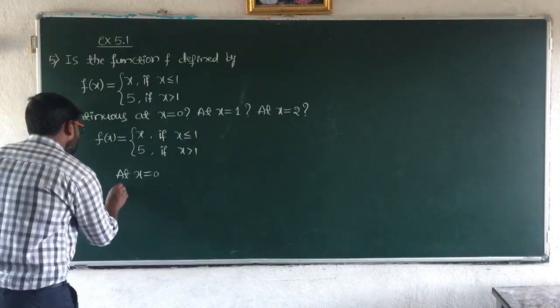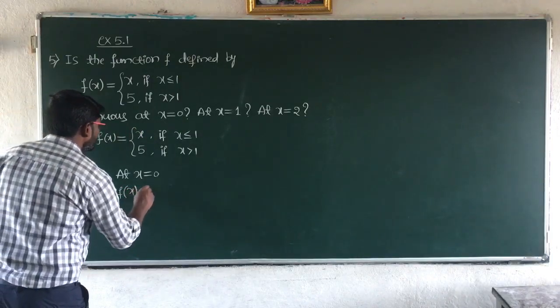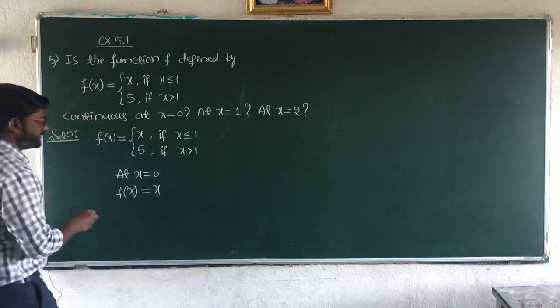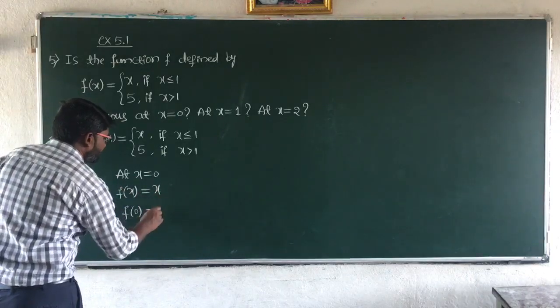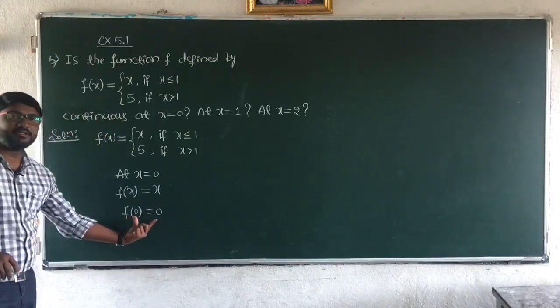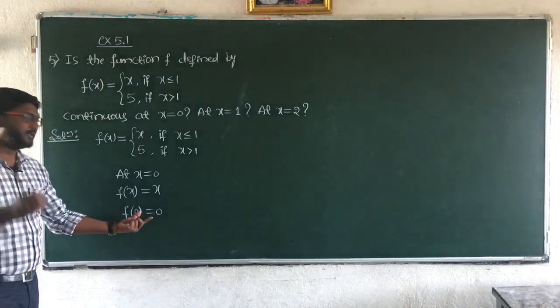So f of x is equal to x, now f of 0 is equal to, in place of x I write 0. So this is the value of the function. Next we have to go for the limit of the function.